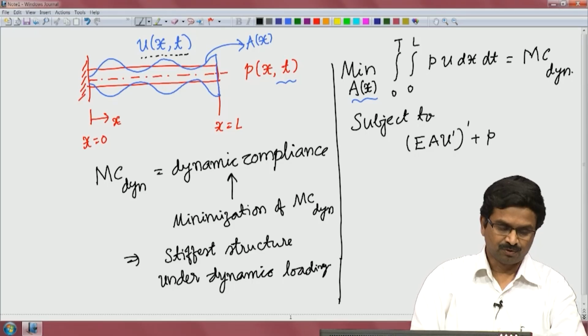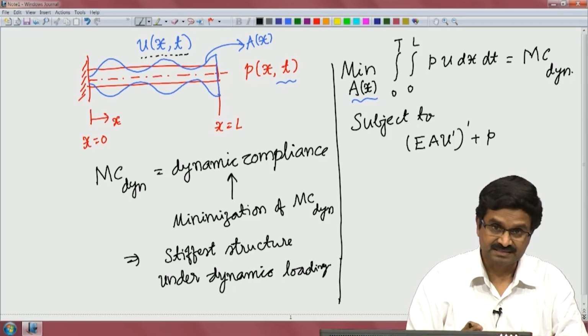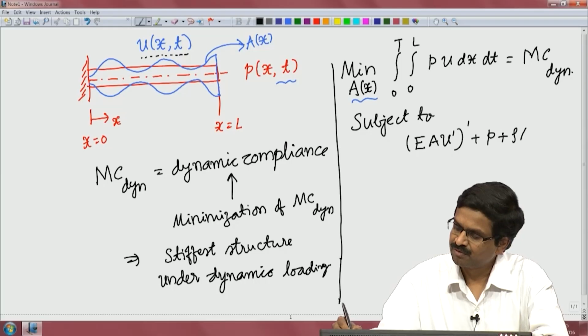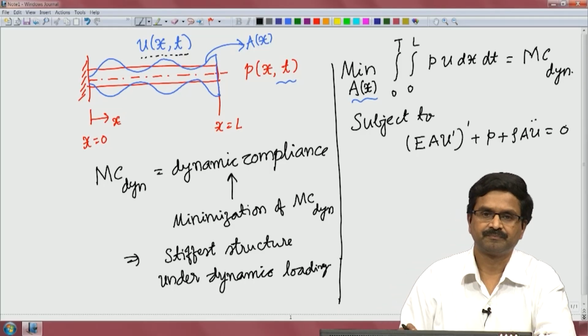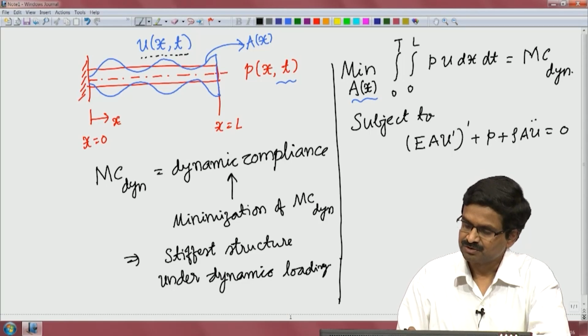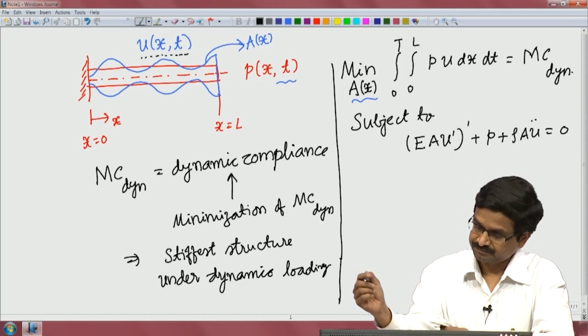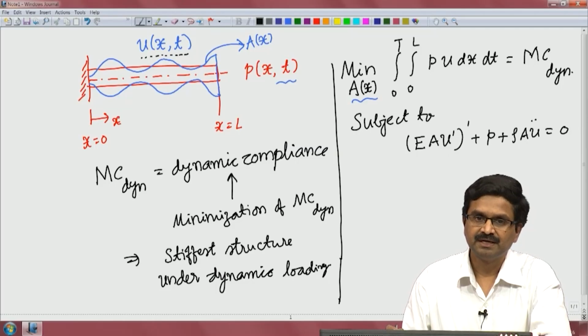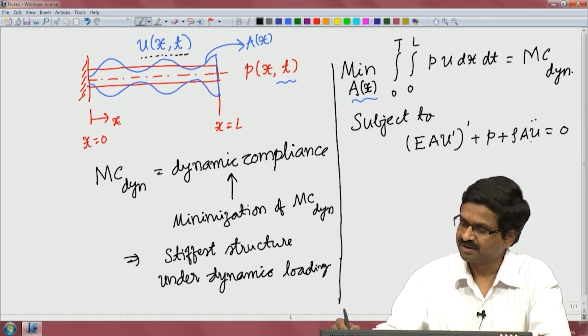Though that was the equation that we had for statics. Now, we would also have rho A u double dot equal to 0. Okay. So, the governing equation constraint we have is for dynamics, because we have included the acceleration rho A u double dot.